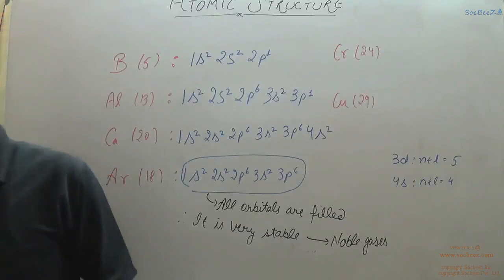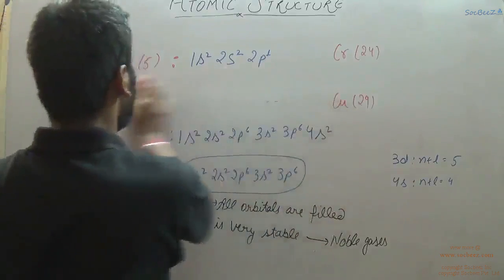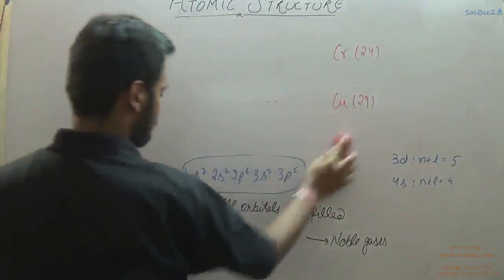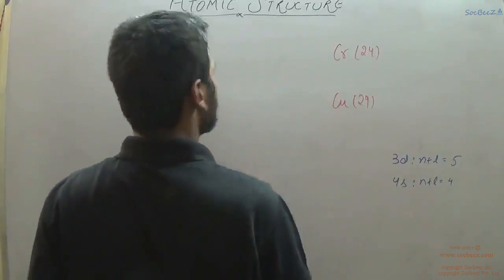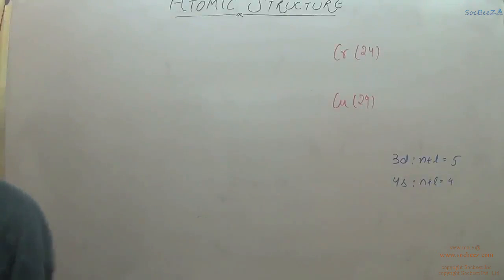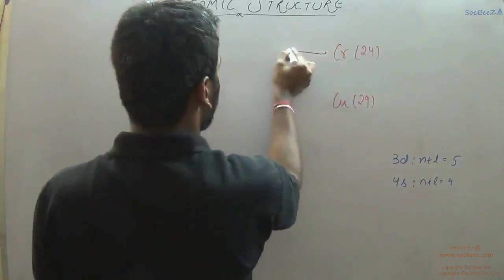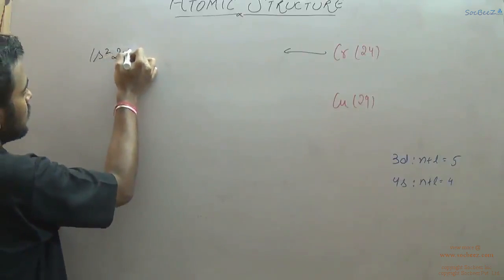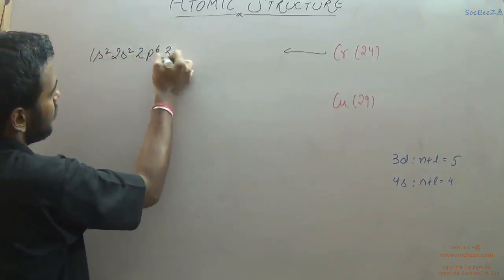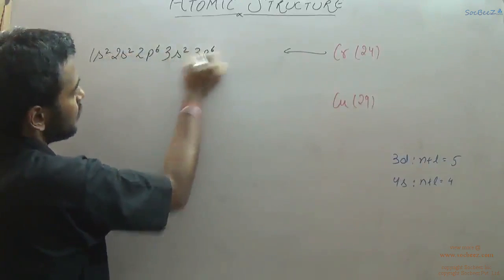So now let's discuss the electronic configuration of chromium. Here the chromium has 24 electrons. So first 2 electrons will go to 1s, then 2s, then 2p, 3s, 3p.